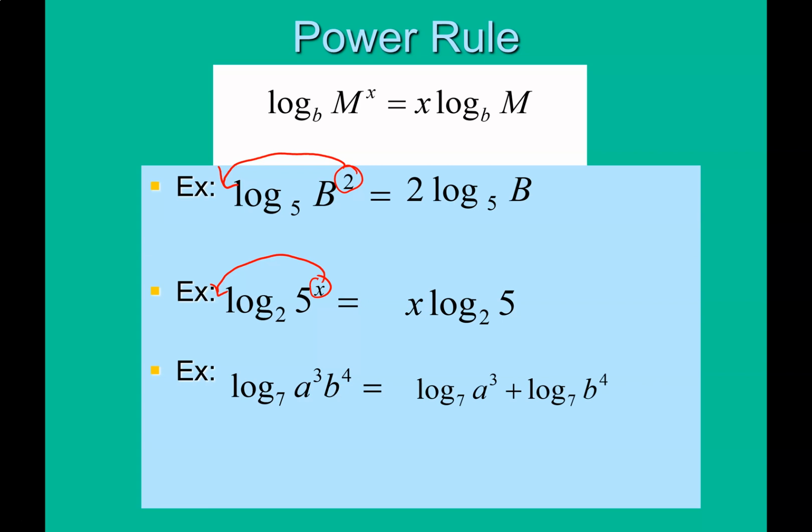That's going to be log base 7 of a to the third plus log base 7 of b to the fourth. If you leave it like that, you're wrong. You're not done. Now you want to deal with the exponent. Move it to the front of each. So for us, it'll look like this. 3 times log base 7 of a plus 4 times log base 7 of b. All right.